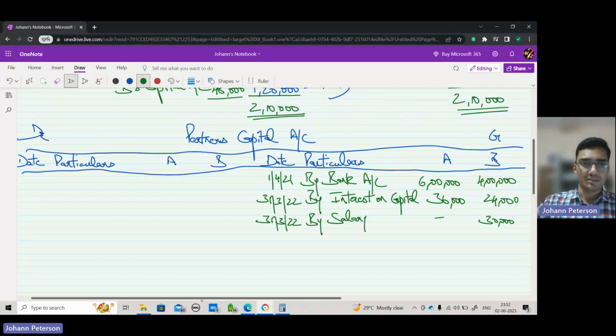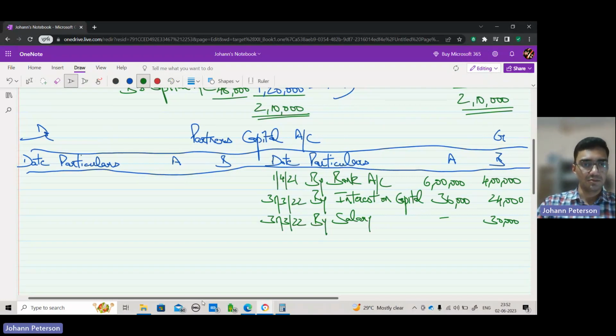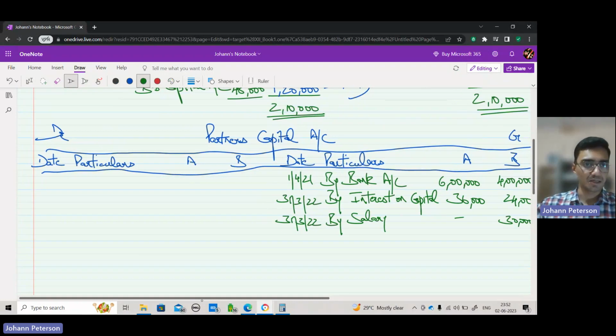Now let's come to the debit side. All items which we write on the debit side in our partner's capital account are going to reduce the capital. So the first item will be drawings. We're going to put the date 31st March 22, to drawings, and the amount given in the question is 48,000 and 40,000.